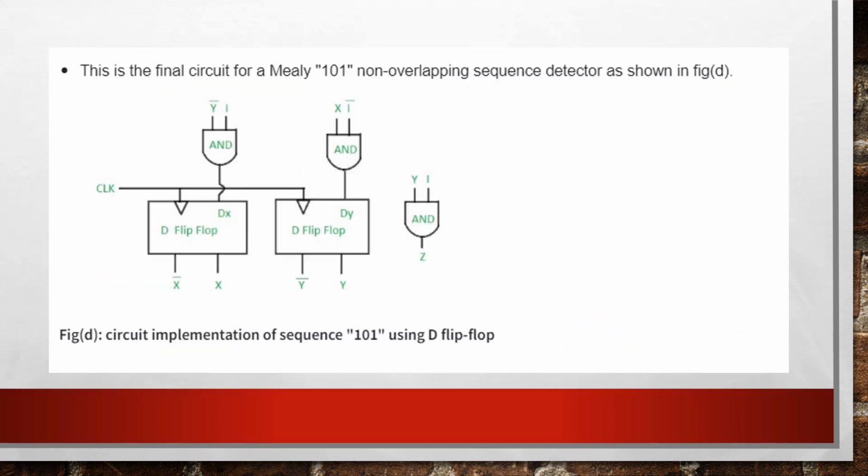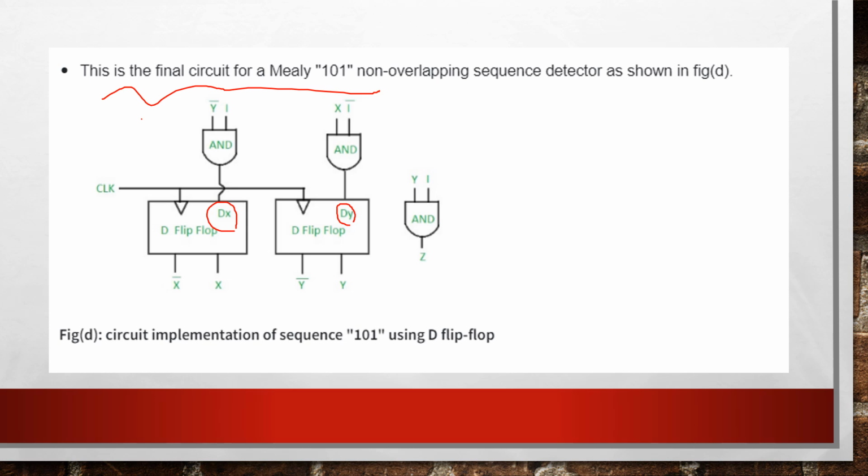Finally, we are going to implement the circuit. Here we have two flip-flops, dx and dy, whose input equations are found from the K-map, and from that equation we are drawing the circuit.